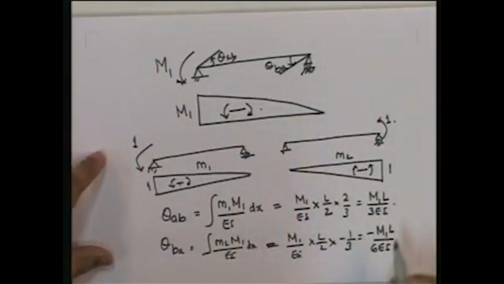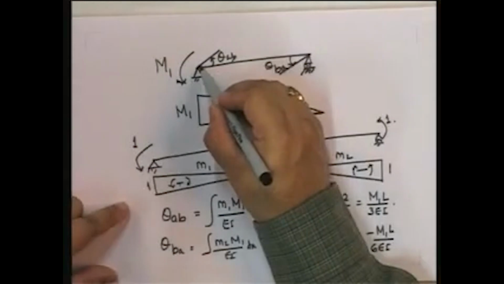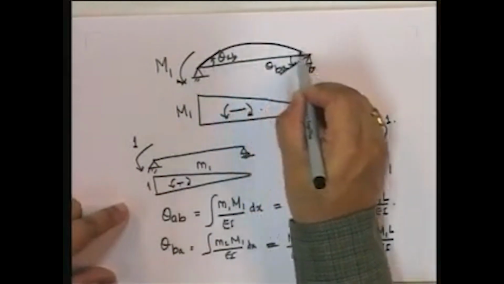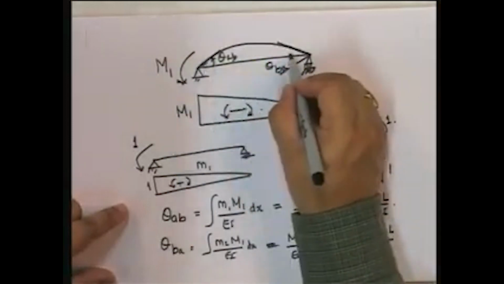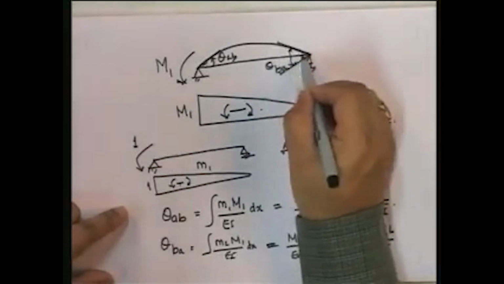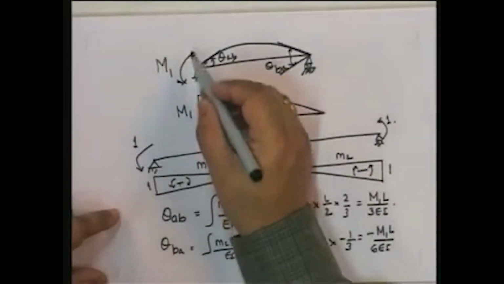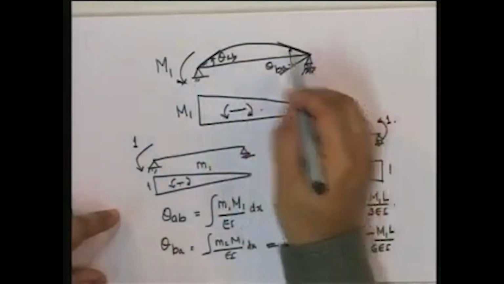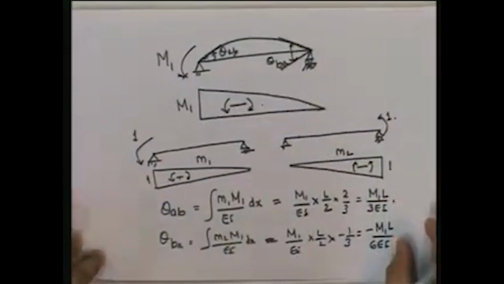And theta BA negative implies that it actually is something like this, because theta AB is positive, but theta BA is negative, which means it's clockwise rotation, and clockwise rotation is negative. So this is how it looks, and under this loading, you would expect it to behave in this manner. Okay, so these are the values. Okay, now let's look at what if I apply M2. So I'm going to apply M2.